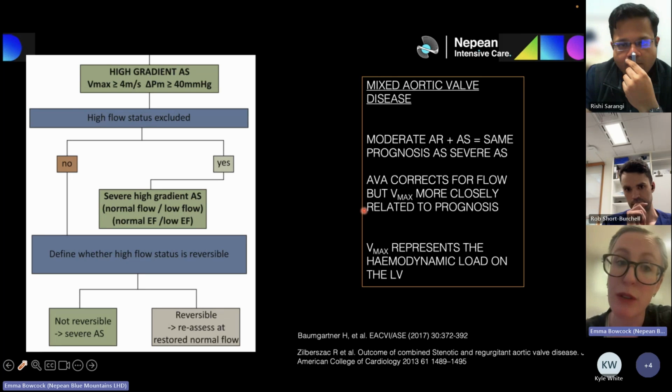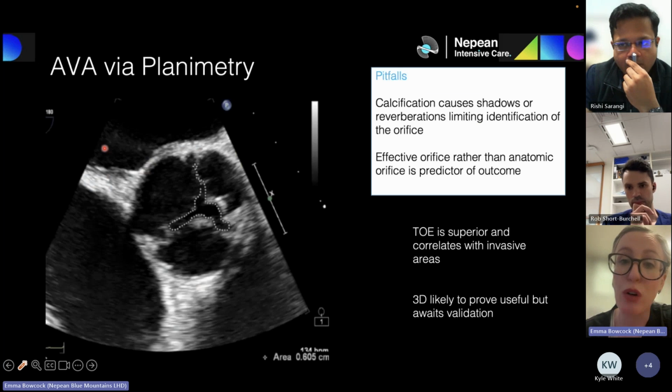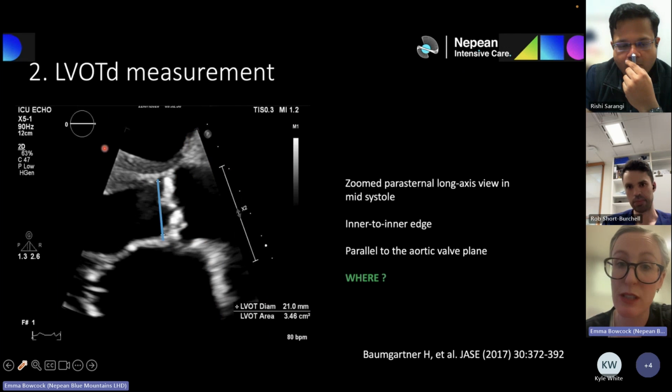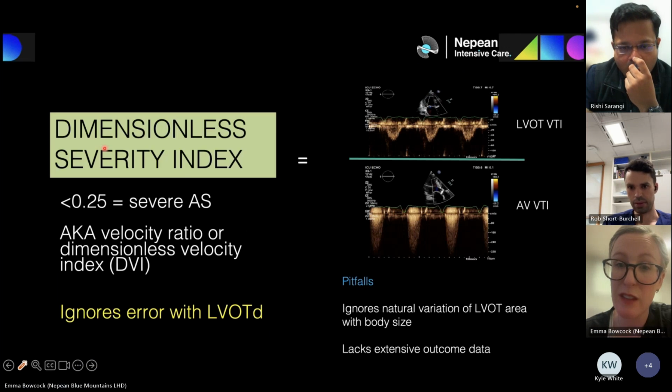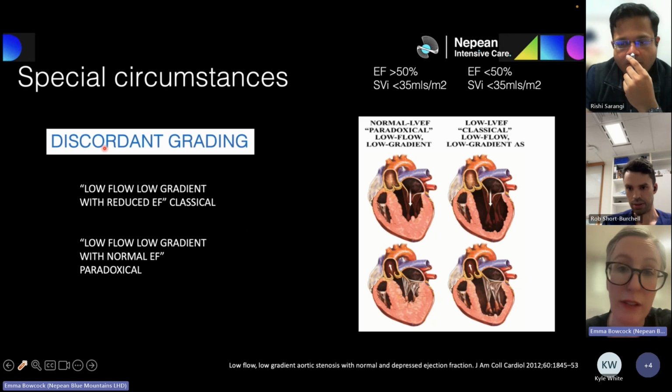It's not perfect, but it will correct for whether you've got a high flow state or a low flow state. Because it's on the numerator and the denominator, the flow problem itself sort of cancels itself out. So the DSI is useful in both.